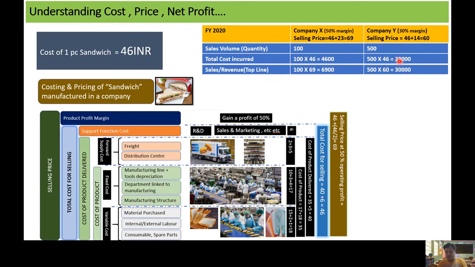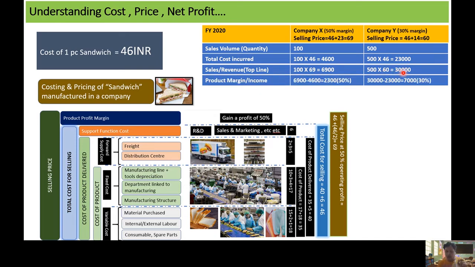The sales, which is also known as revenue if it is for a particular year, and somebody calls it the top line. I am using all this terminology to make you familiar with the financial terminology people use. So the sales revenue or the top line for company X would be 100 into 69, that is 6900, and for company Y would be 500 into 60, that is 30,000.